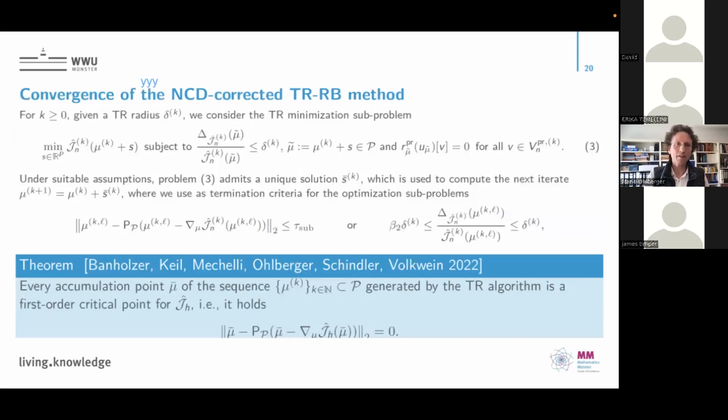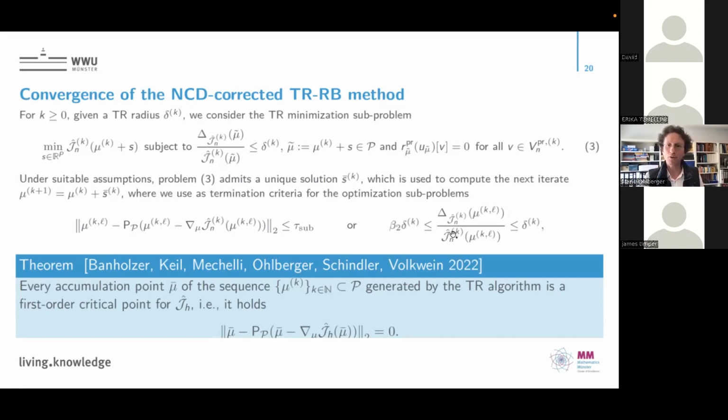Okay, with that, I see there are some problems in the slides here. We can also formulate a rigorous result for the optimization algorithm that we define in that way. And you see, this is the definition of these trust region optimization subproblems, which are error aware. So the error estimator steers the region where we trust our method.